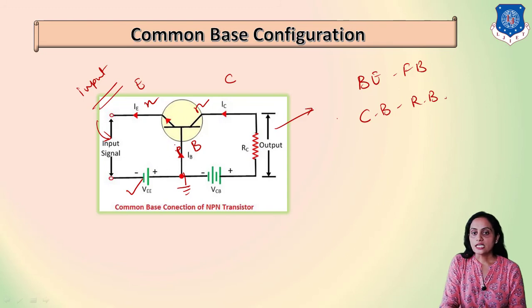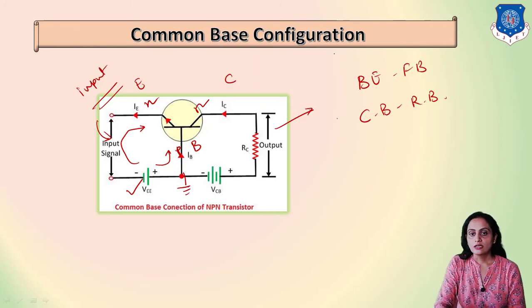So base is the P side, that's why positive is connected over here and negative is connected over here. So VBE will be such that it keeps this base to emitter junction forward biased, and the collector to base junction is reverse biased by applying this collector to base power supply.